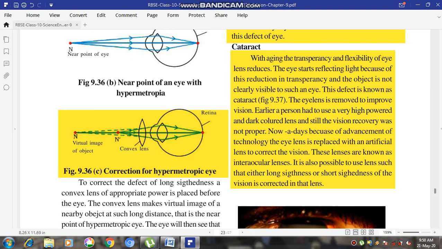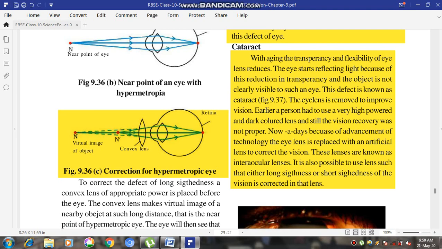Next is cataract. Cataract is a small white point that appears in the eyes of aged people. With aging, the transparency and flexibility of the eye lens reduce. The eye starts reflecting light because of this reduction in transparency, and the object is not clearly visible.